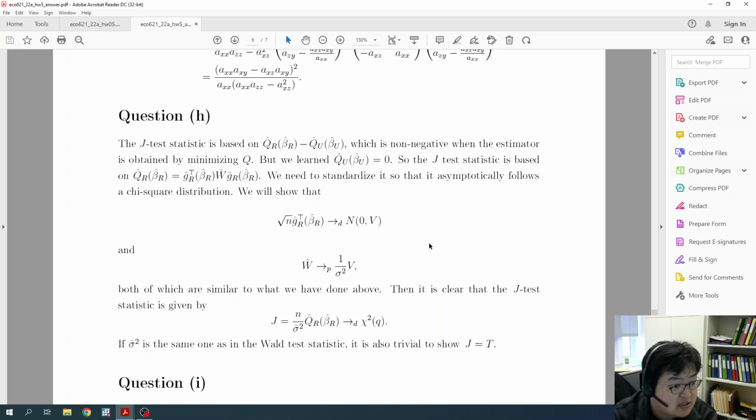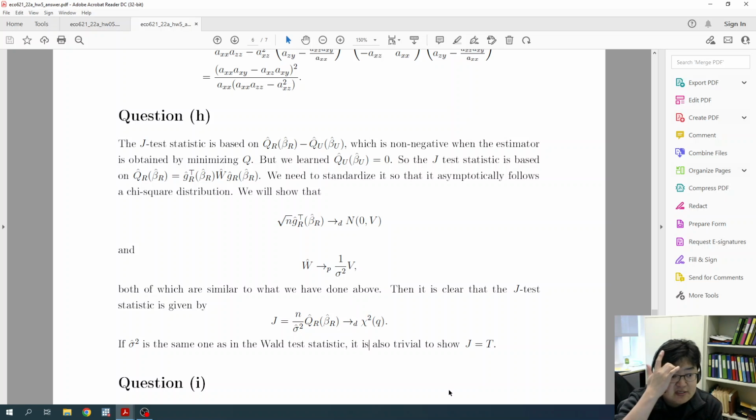But anyhow, you understand what I'm saying. So as a result, because we ignored sigma squared for convenience in calculating the estimator, we have to revive it here, and then it will converge to chi-square.